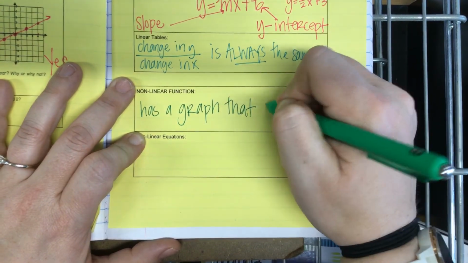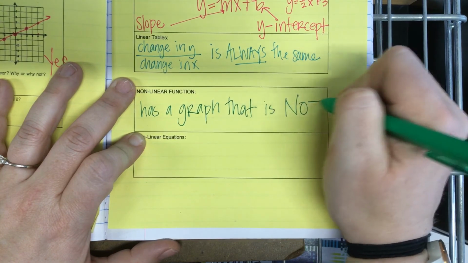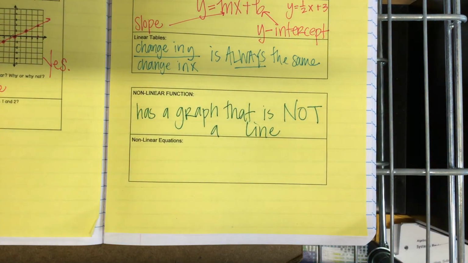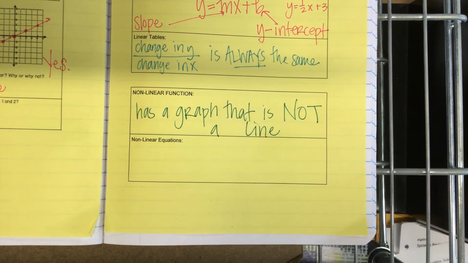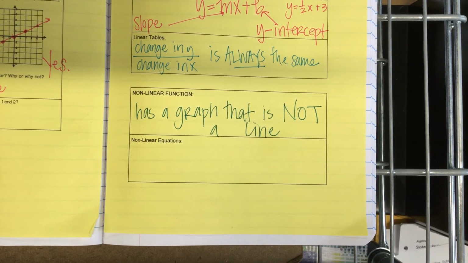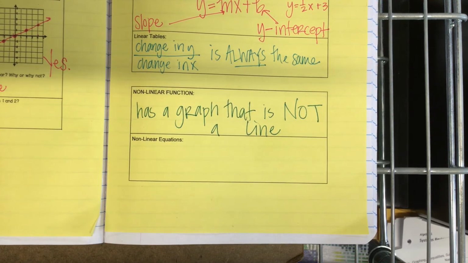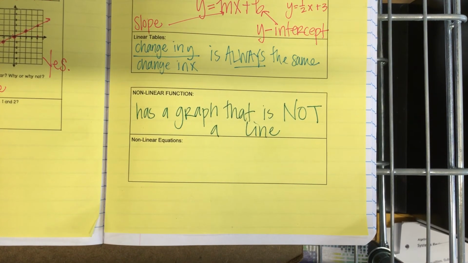It could look up and down and up and down and up and down. It could look like a U. It could look like a V. It could look like a circle. There are so many non-linear examples. It's just easier to say a non-linear function is not a line.